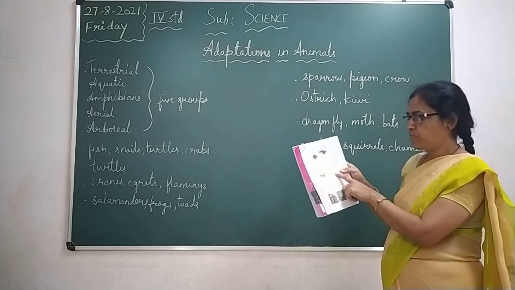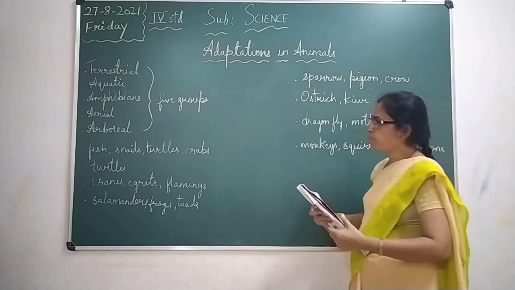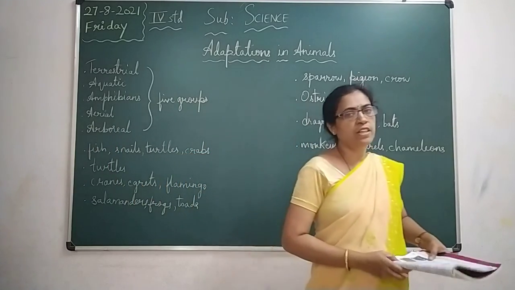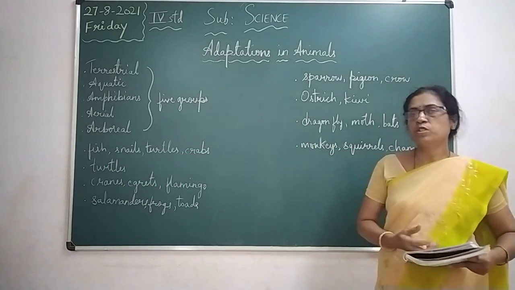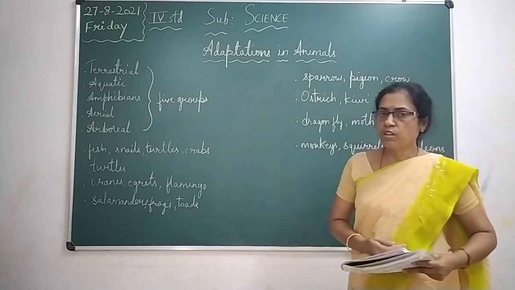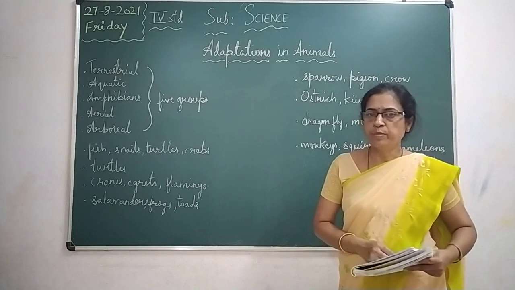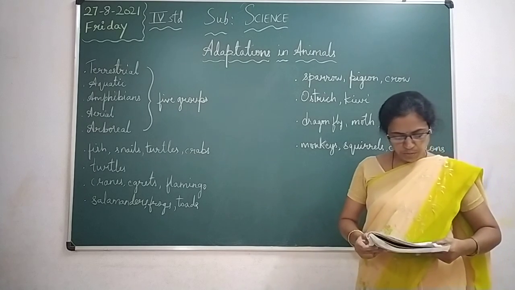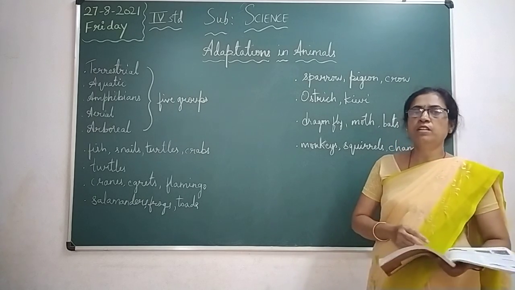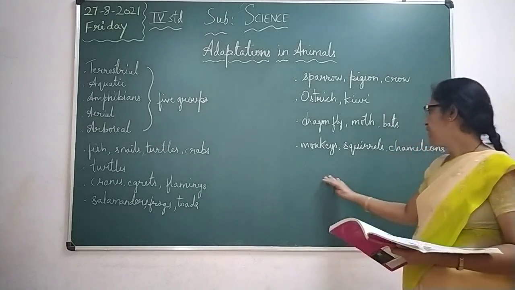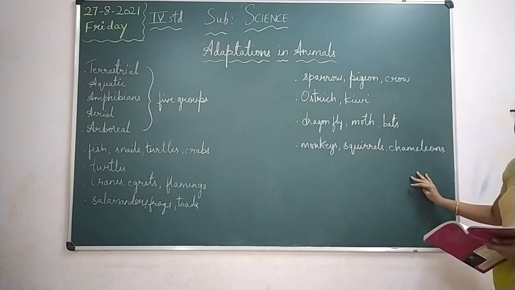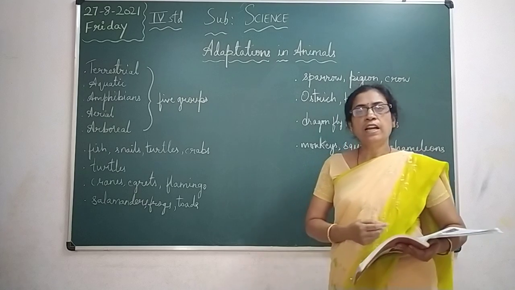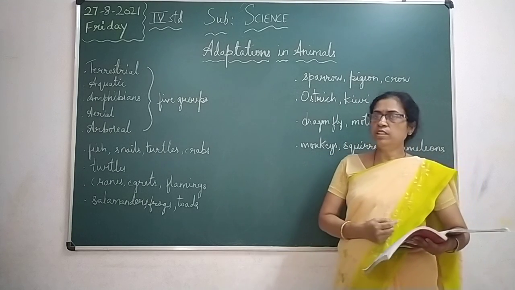Okay, children. And the next, last point is arboreal animals. So what are arboreal animals? Animals that spend most of their time on trees are known as arboreal animals. For example, monkeys, squirrels and chameleons. These animals have long limbs and tails to climb and hang on the branches.